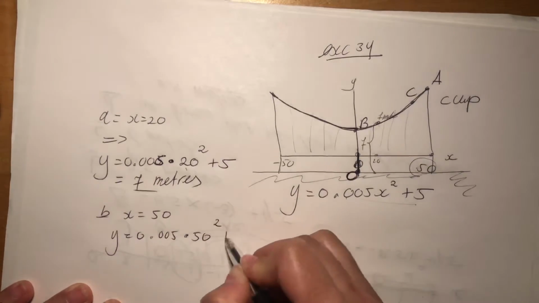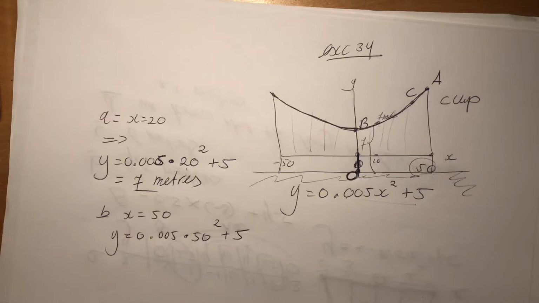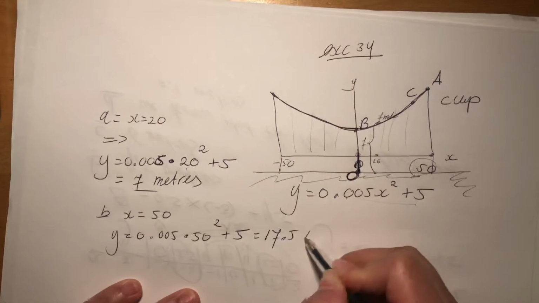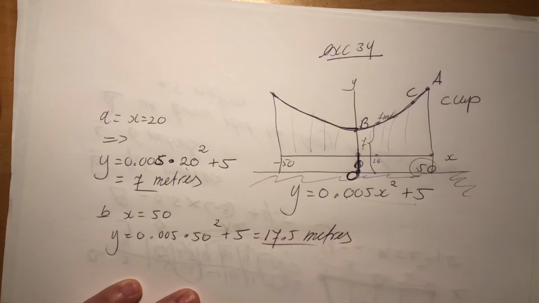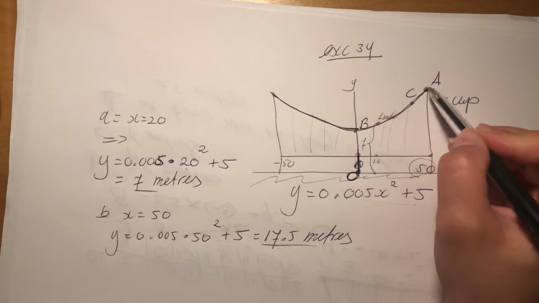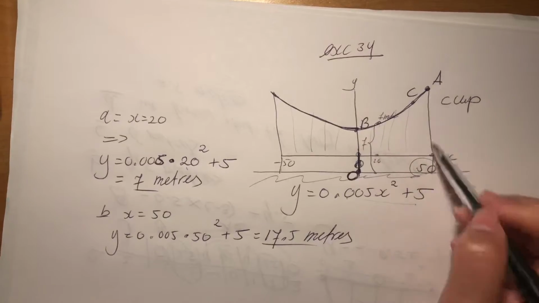Pause the video, grab the calculator, and see what you get out of it. And if you've done it correctly, you will get 17.5 meters. So 17.5 meters, that is all the way up here from the water surface, 17.5 meters.